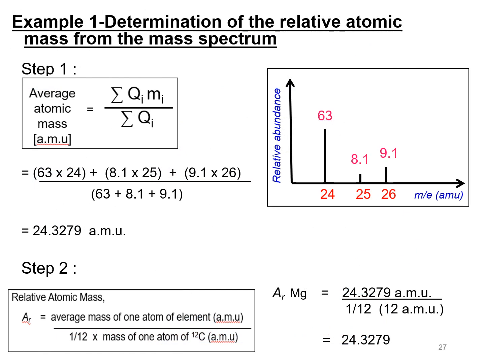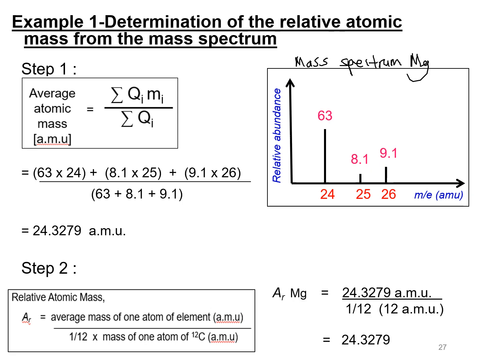Okay. Contohnya, macam mana kamu nak tahu relative atomic mass from the mass spectrum? Okay, contohnya diberi mass spectrum magnesium. Dia suruh kamu cari relative atomic mass of magnesium.